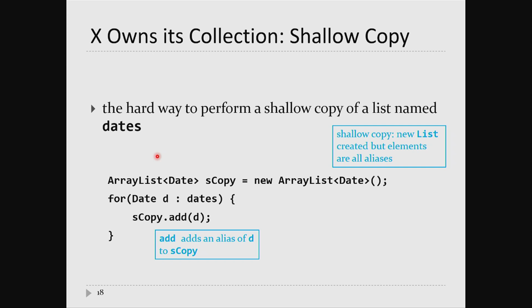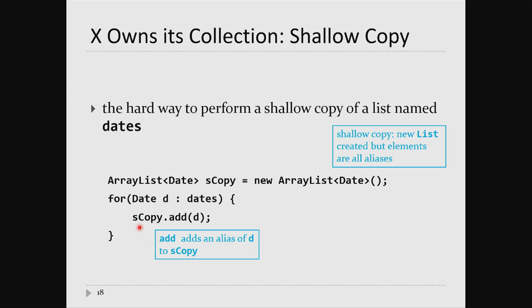So to make a shallow copy, I need to make a new list. So copy equals new ArrayList. Now, everything that's in the copied list, I have to put into the new list. So one way to do that is to write a loop: for each date d in dates, remember, dates is the list that we're copying, I'm going to add that date d to the copy.